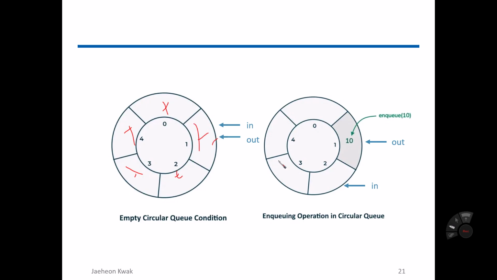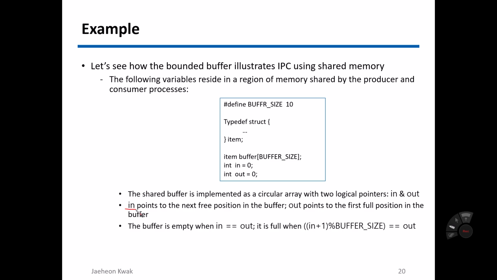And when we add a new value, the location of the in pointer will be incremented. The previous location of the in pointer was first. However, after the enqueue function, its location will be increased by 1. So in points to the next free position in the buffer.